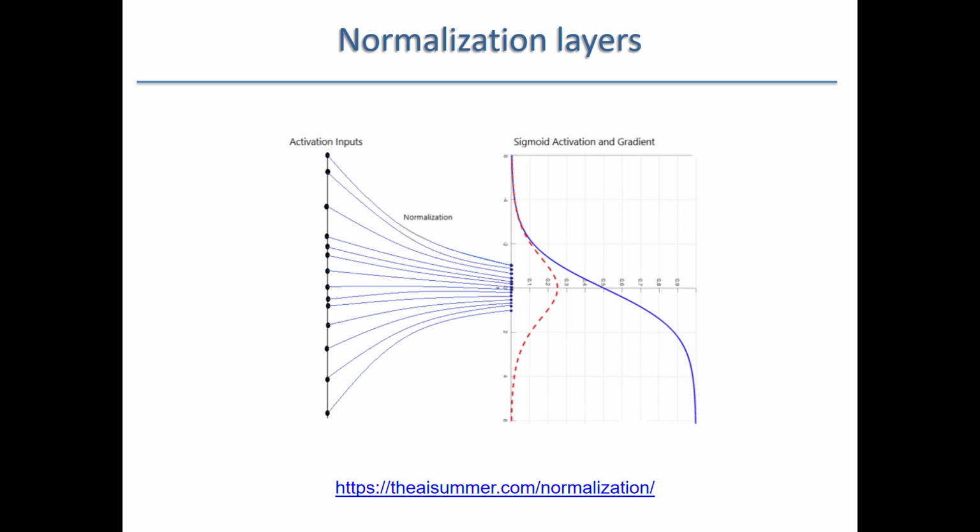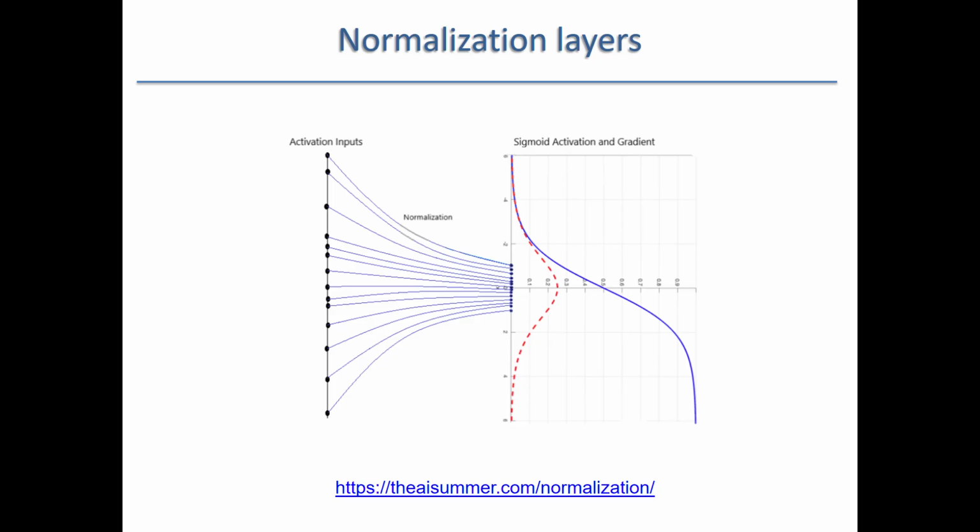So if you have, let's say, this is your normalization layer, this is the input to that layer. So the goal of that layer is to put the values back into a region so that points are again close to each other.